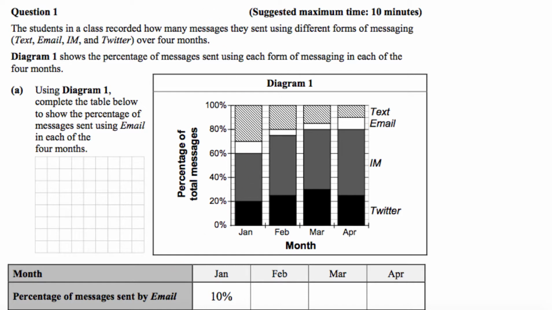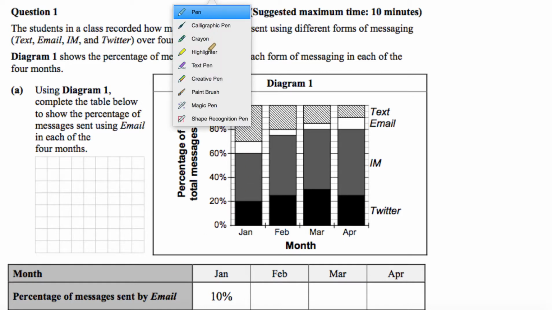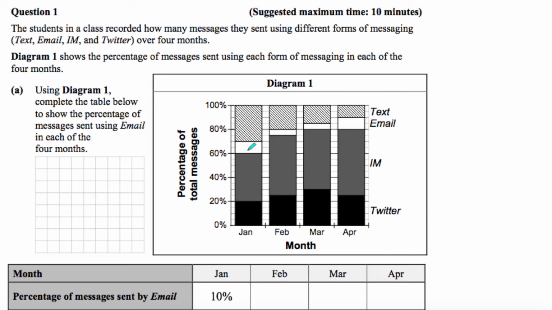Okay, so if we're looking at the email, email is in white here, so it's going to be this region here, this one, and this one here. So that's the email. So in January there was 10%, and we can see there that it goes from 60 up to 70.